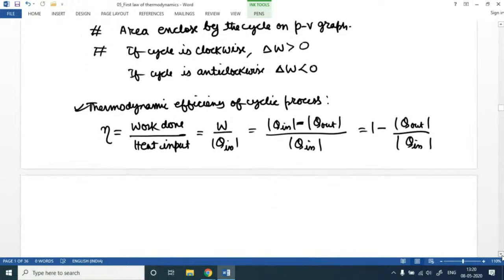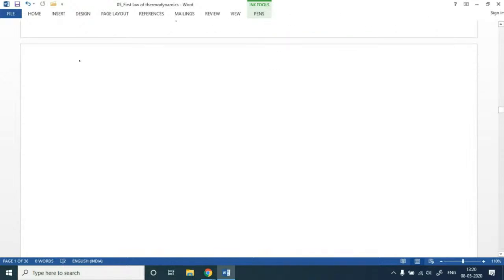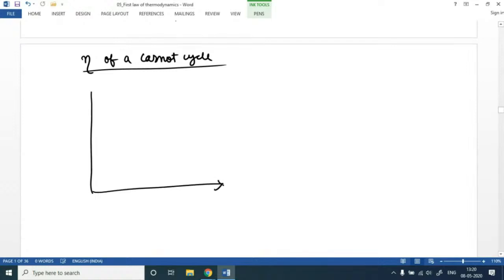Let's try to find out the thermodynamic efficiency of a Carnot cycle. Let me discuss the PV curve of a Carnot cycle, and it looks something like this.